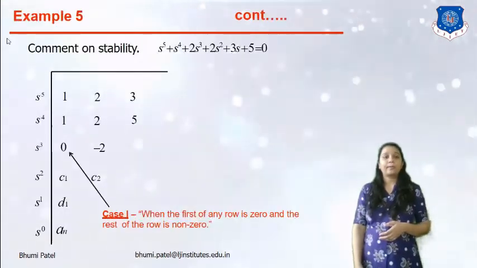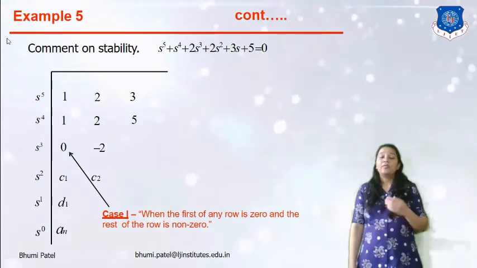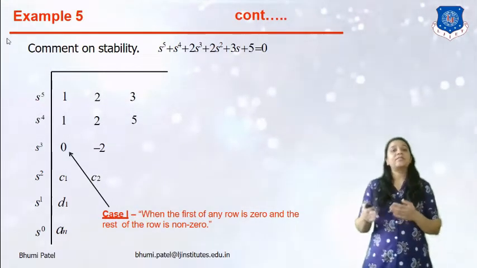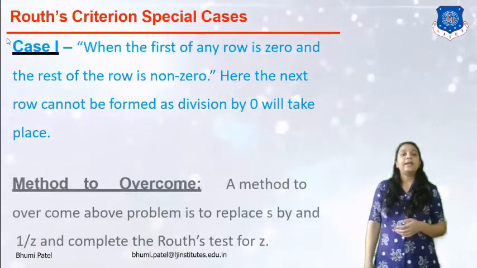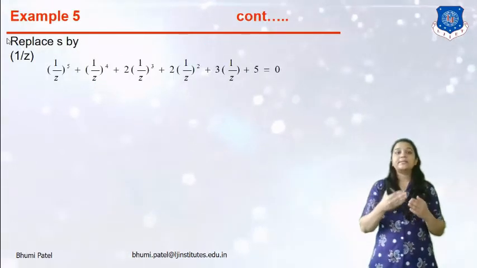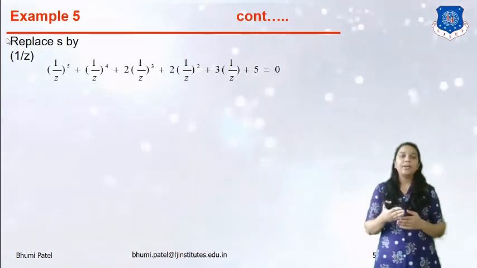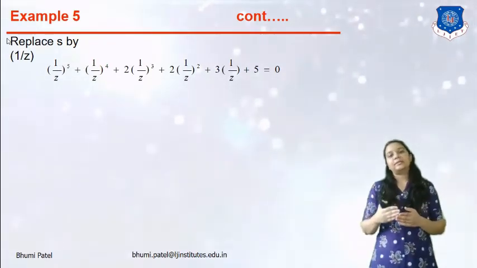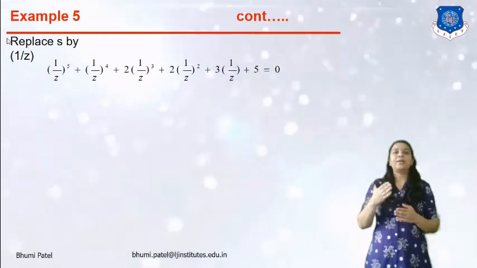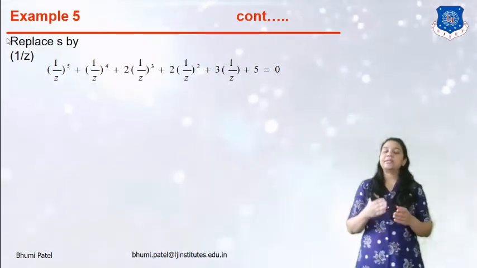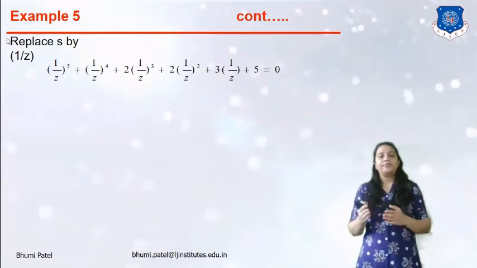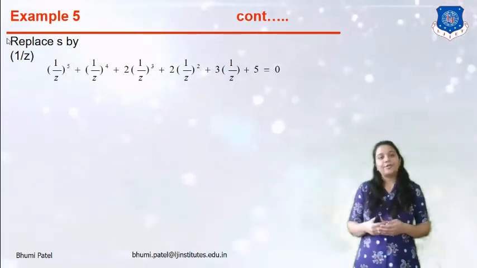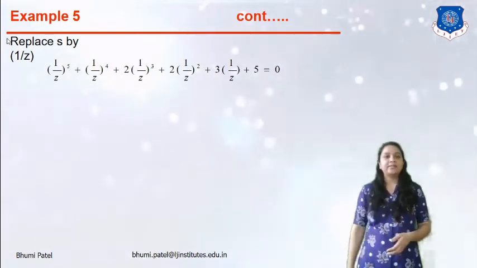So for this equation we replace s with 1 by z and we get (1/z)^5 + (1/z)^4 + 2(1/z)^3 + 2(1/z)^2 + 3(1/z) + 5 = 0. First of all we have to simplify this equation.